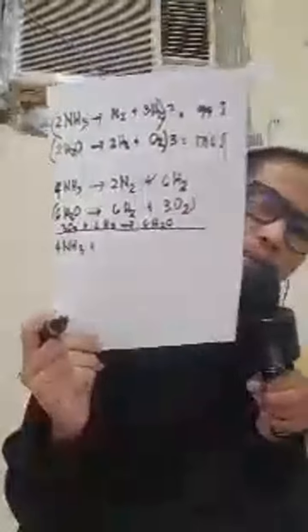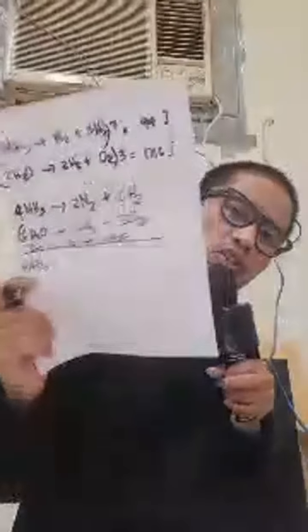So 3O2. When you reverse the chemical reaction, you never reverse the sign, only the enthalpy change values. 6H2 and then 6 moles of H2O. The bottom part, we will use this one.